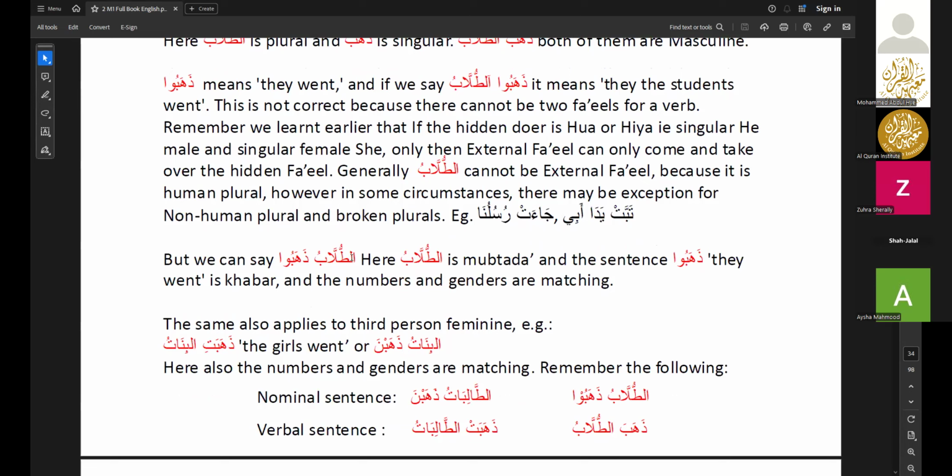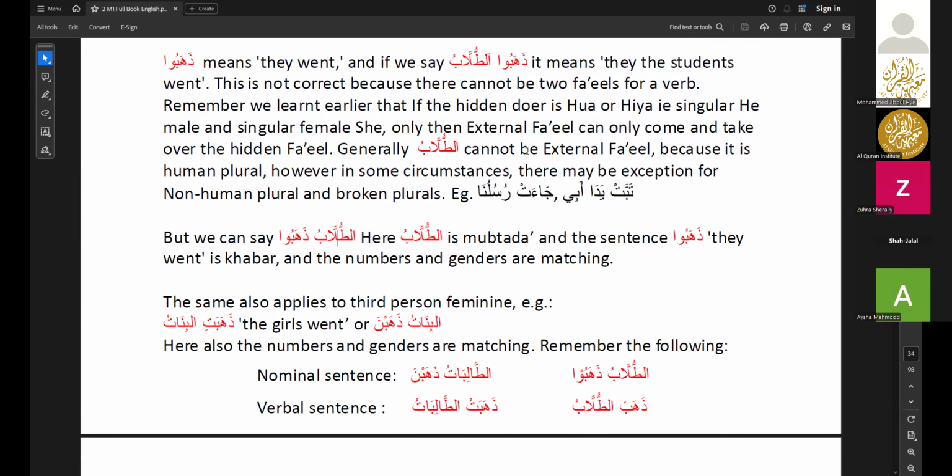So we cannot say dhahaba because it's Jumlatul Ismiyya. So this fa'il should match with number and gender with the mubtada. So at-tullabu needs to match with number and gender because it's Jumlatul Ismiyya.